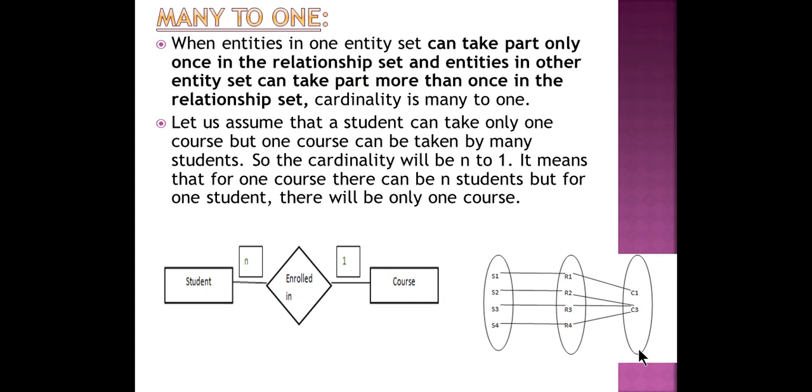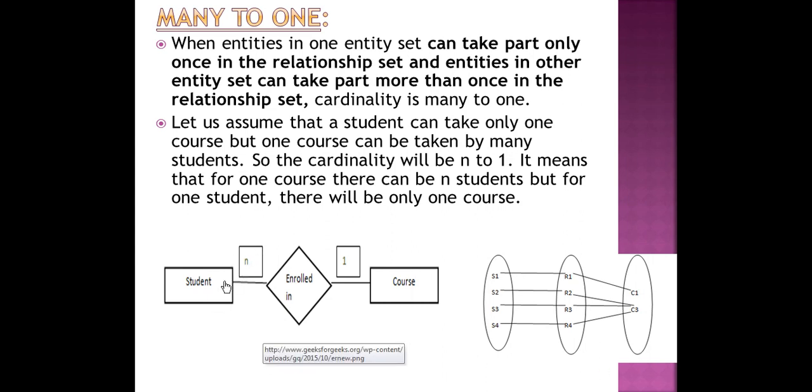Many to one, that is just the opposite of one to many. Many employees are working in one department, that is, you can say it's many to one. Many students have enrolled in one course. Example is shown here.